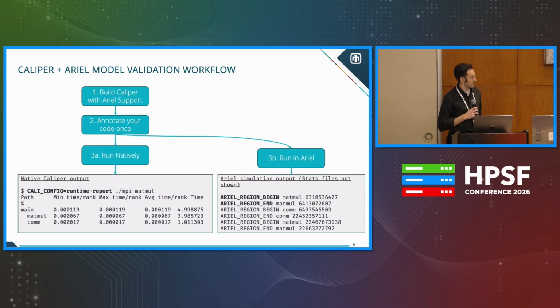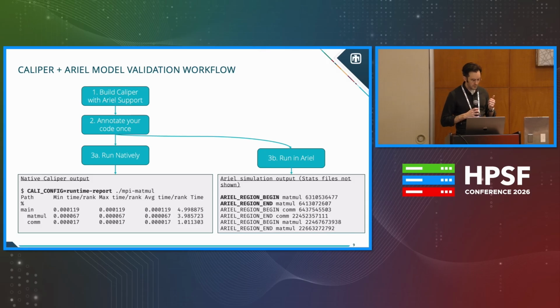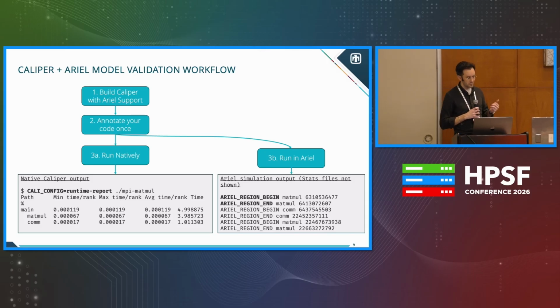And the real cool part, I think, of this Caliper integration is that now you get this nice validation workflow, simulation validation, another sore spot in computer architecture simulation. So with this workflow, you can build Caliper with your Aerial support, annotate your code once, or maybe it's already annotated by someone else and it's available on Spack.